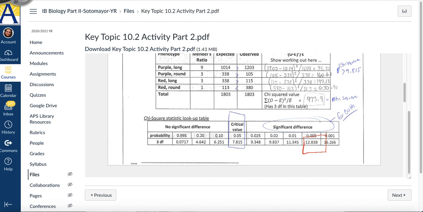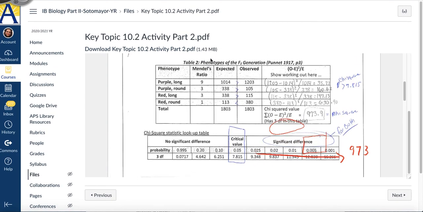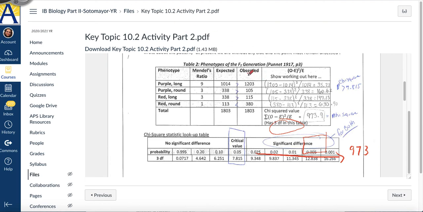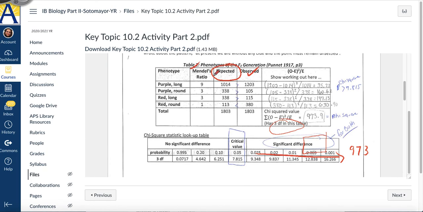So again, if we look at the chi-square value here, right, they got a humongous value of 973. So there was a statistically significant difference between what Bateson et al. observed and what they expected according to Mendel's ratio.